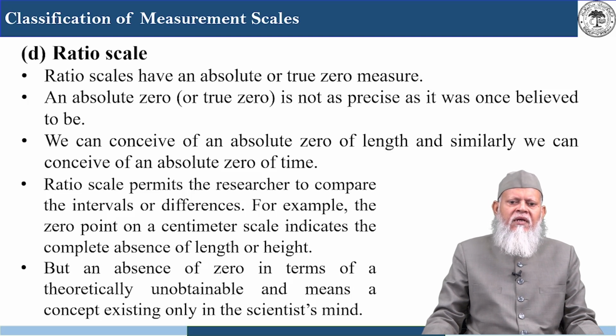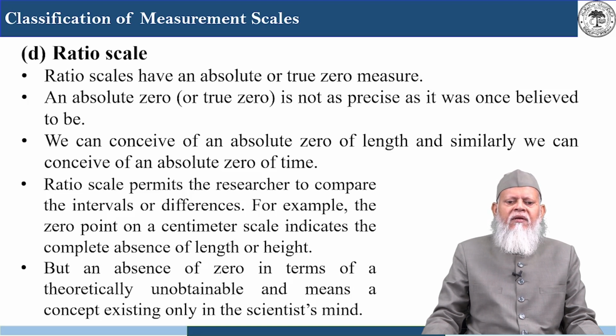So, it is everything that is present in the ratio scale. One can utilize it in any way one wants. This scale permits the researcher to compare the intervals or differences also.